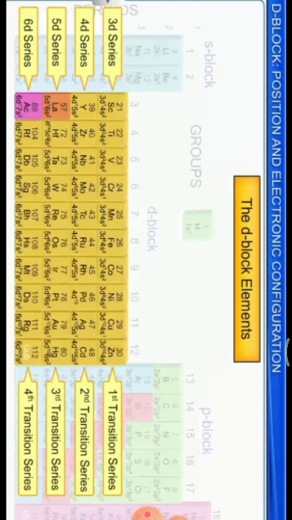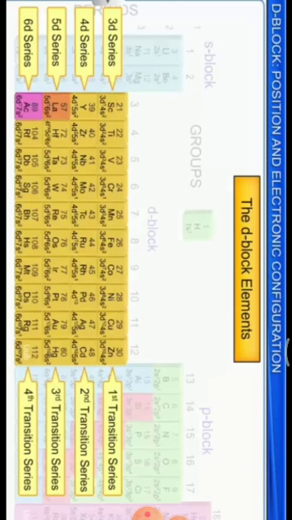The energy level difference between 3d and 4s is very small. Hence, one electron jumps from 4s to 3d so that 3d becomes completely filled, that is 3d10, which is more stable, and it attains stability.